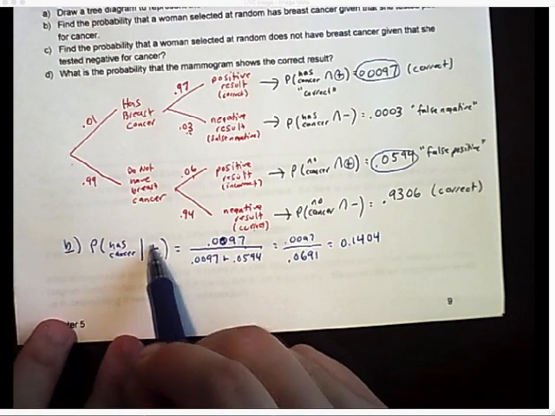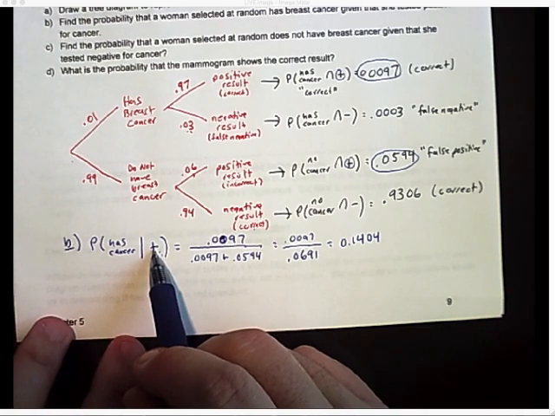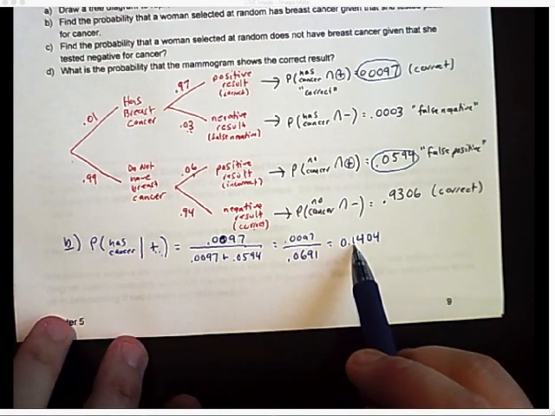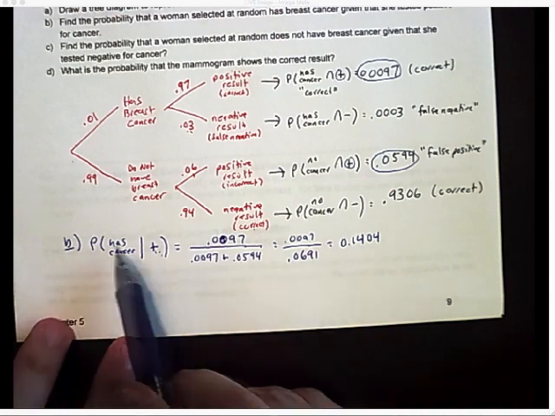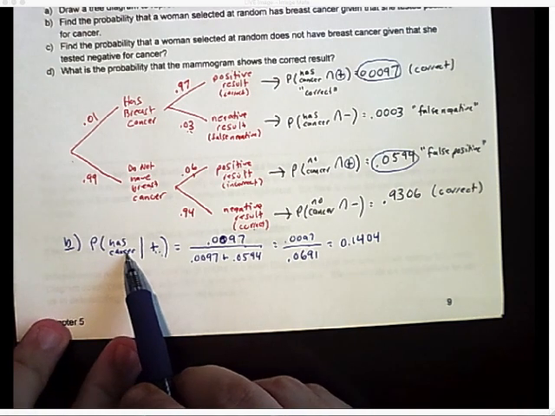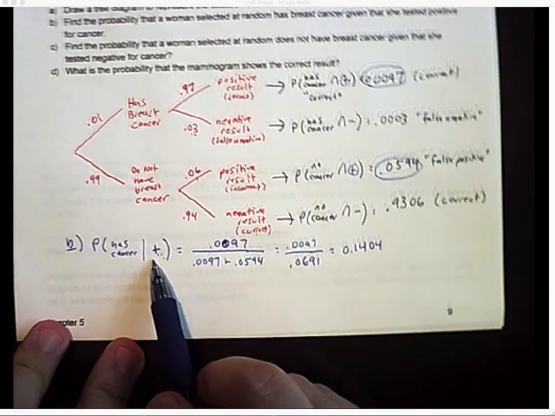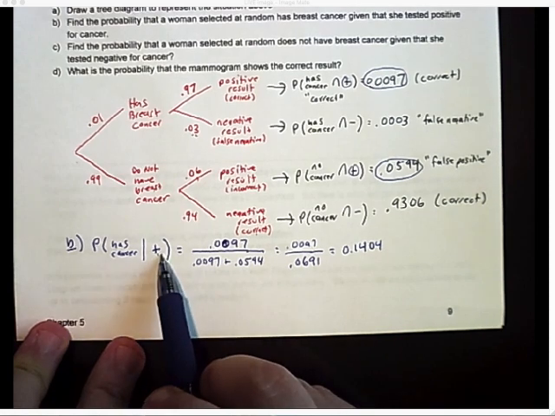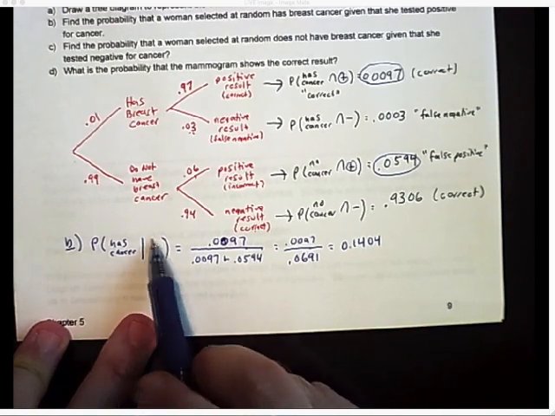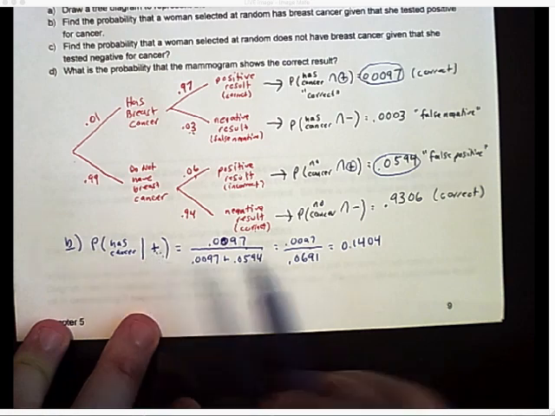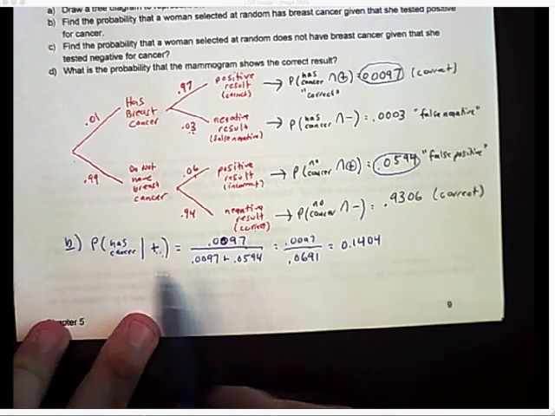So this is kind of good news in a way. Given that a woman tested positive on her mammogram, there's only a 14% chance that she actually has cancer. So she went to the mammogram, and the mammogram had a positive result, but there's only a 14% chance that that woman actually has cancer.